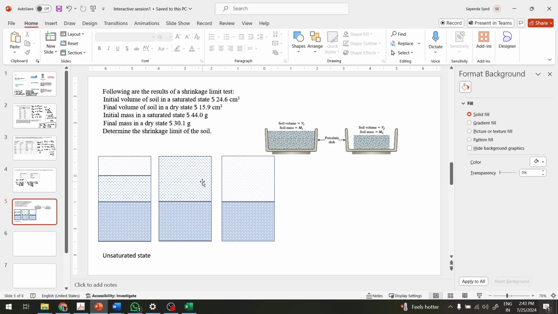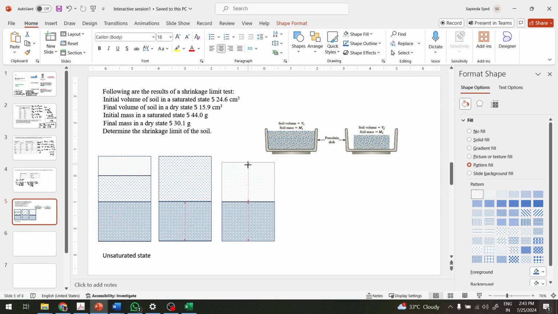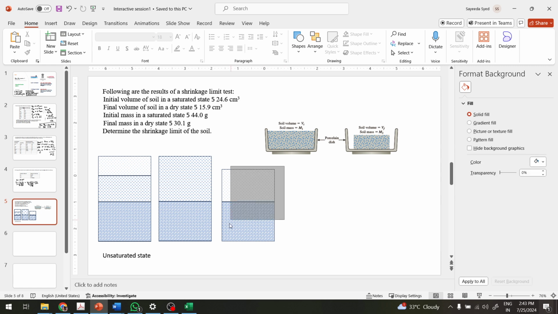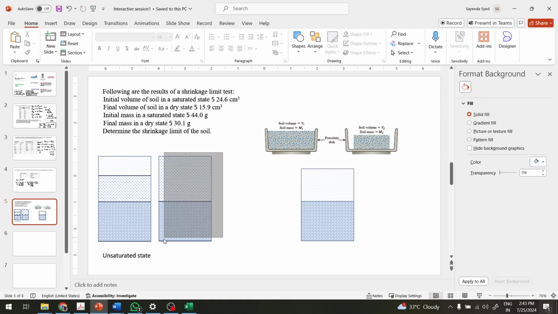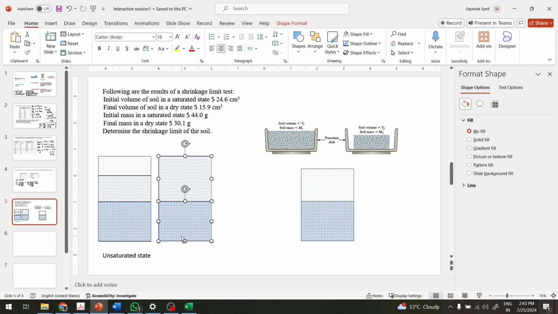And this is not necessarily at the shrinkage limit, where we will have a minimum volume. At shrinkage limit we will have something like this.